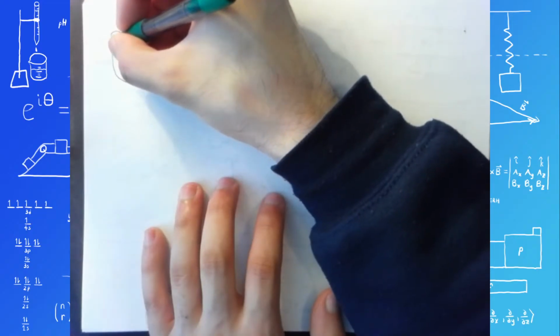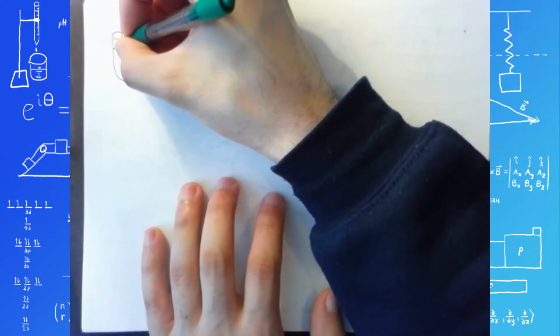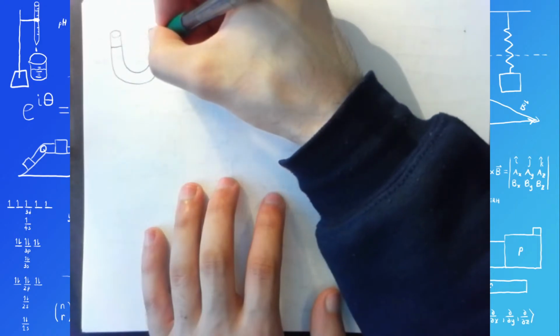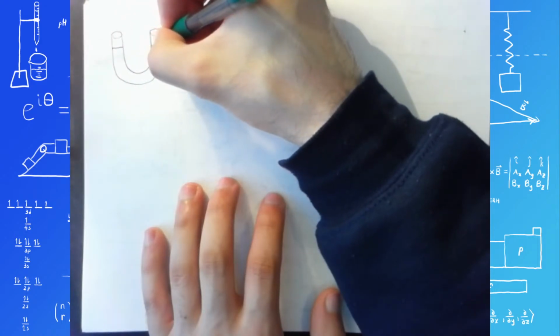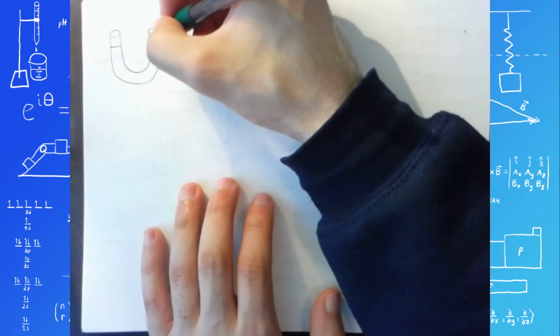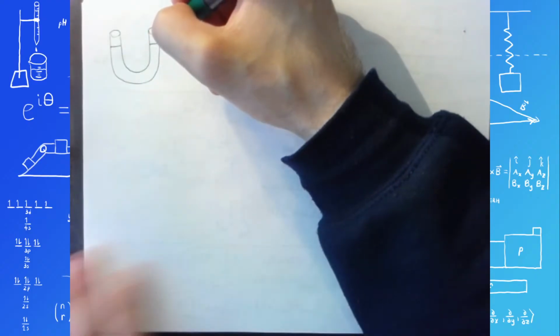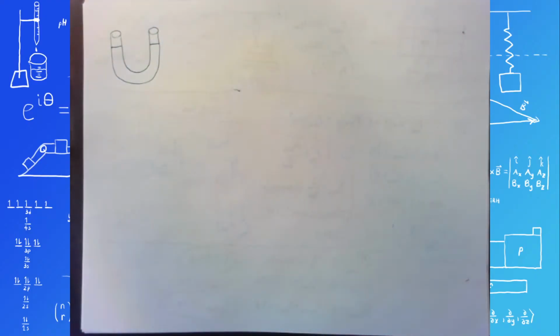And the idea is that if the pressure is the same everywhere, then the liquid levels must reach the same height as well, regardless of even the shape of the tube.